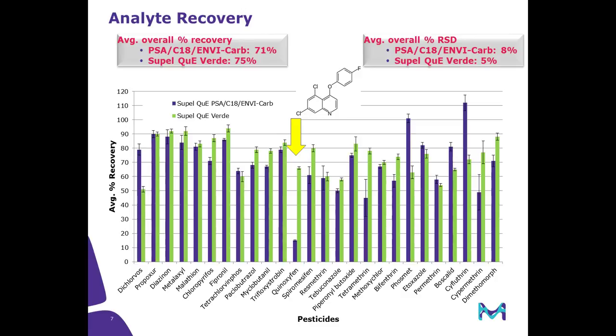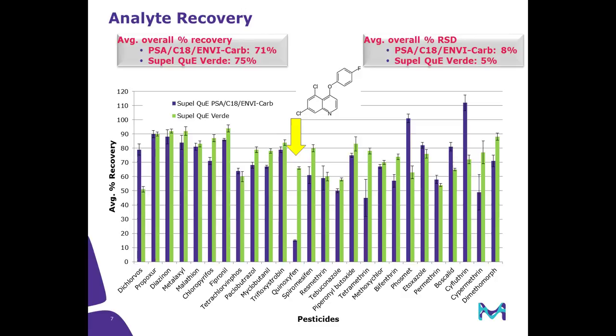As far as recovery goes, after cleanup, the Verde offers some advantage. Overall, it offers higher recovery, 75% versus 71%. And as far as reproducibility, it's very, very comparable to using the conventional mix. Its main advantage, though, is that it will not reduce the recovery of compounds that would stick to a carbon, the NV-carb that's in the conventional mix.